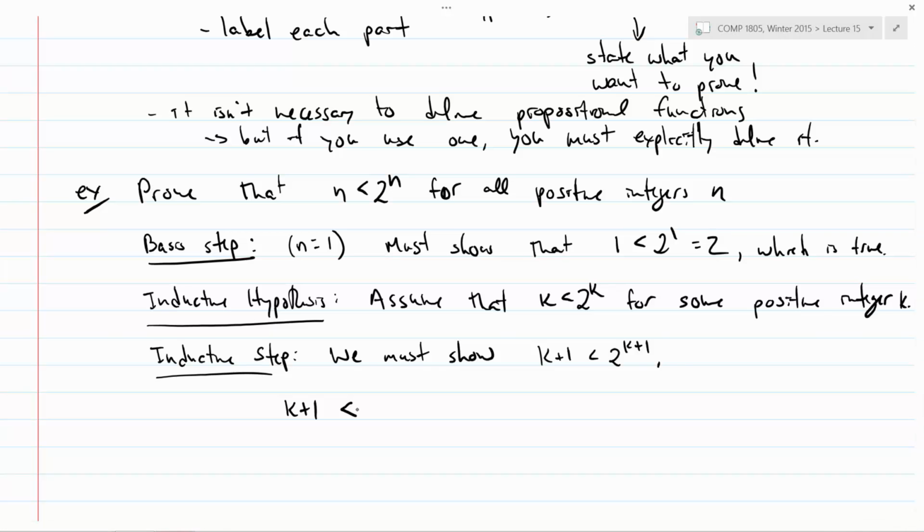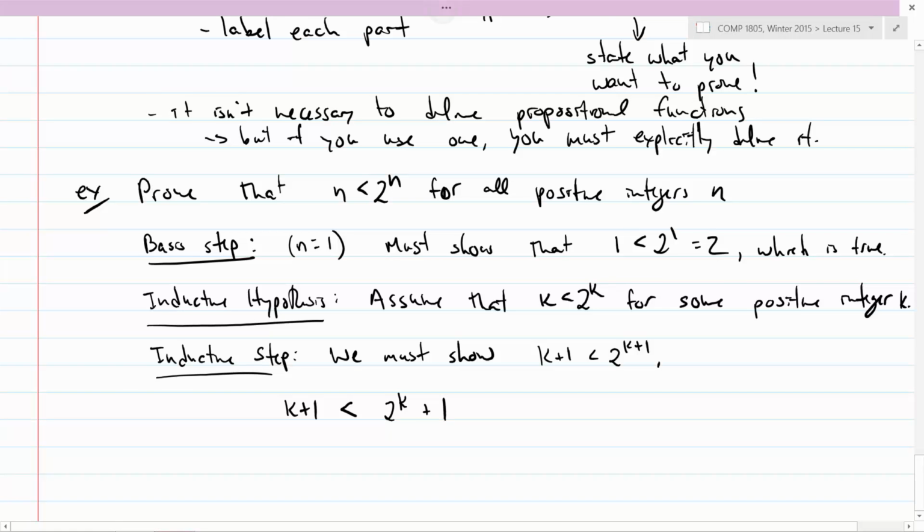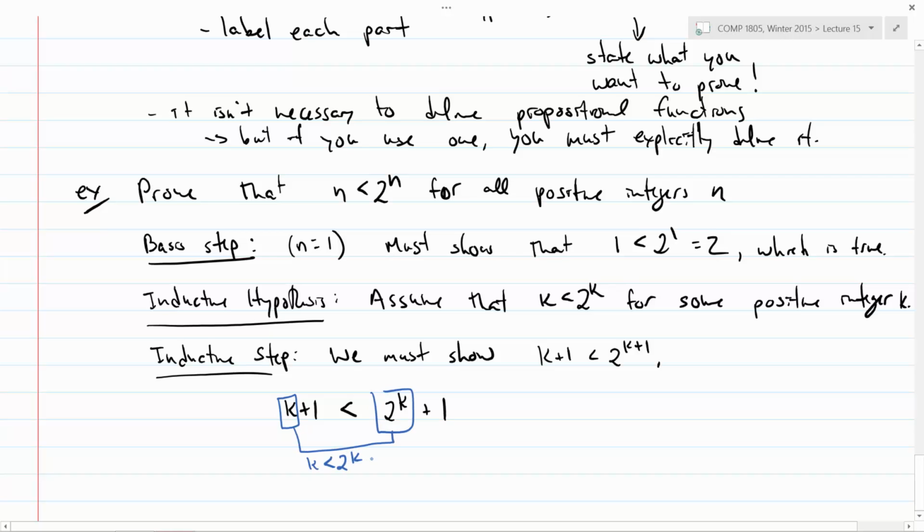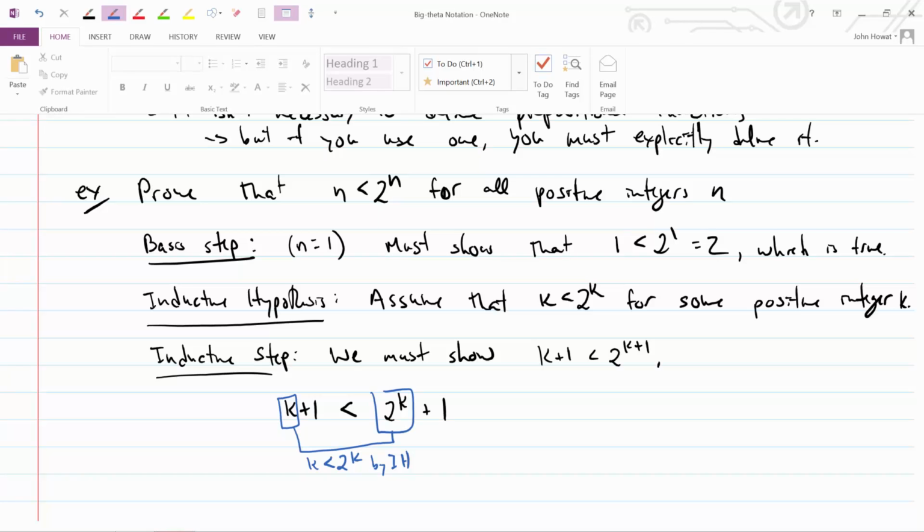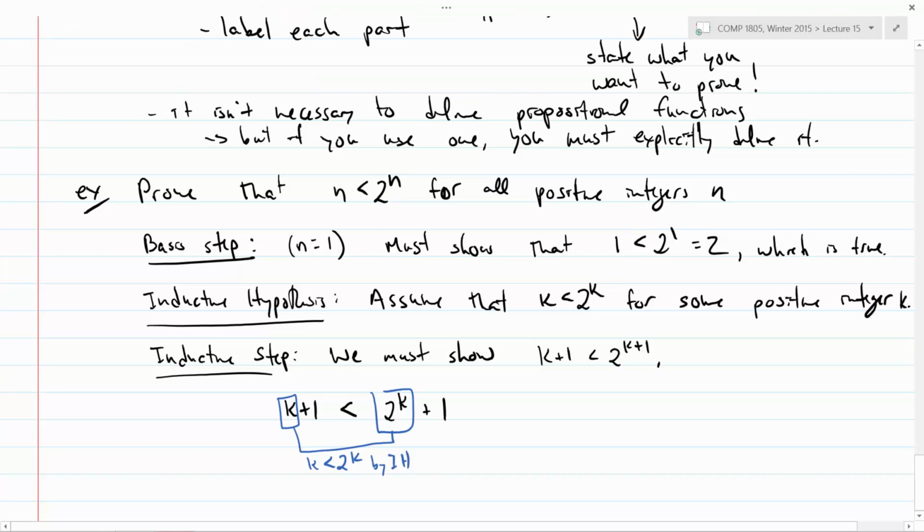Well, I know that k is less than 2 to the k, so k plus 1 is less than 2 to the k plus 1. And I know that because k is less than 2 to the k. And that's by the inductive hypothesis. Everyone sees that? So you need to be comfortable with working with inequalities. There's no way around that.